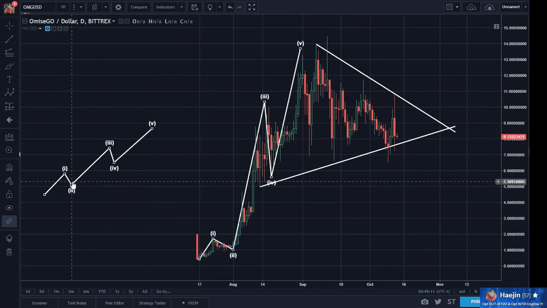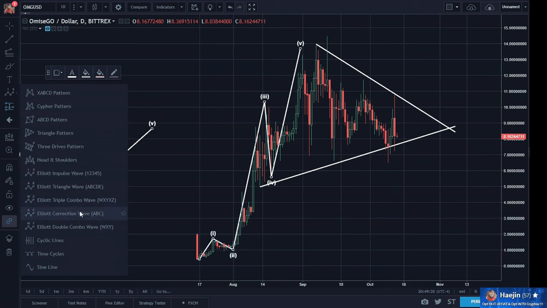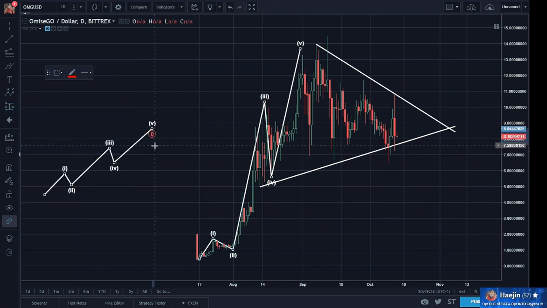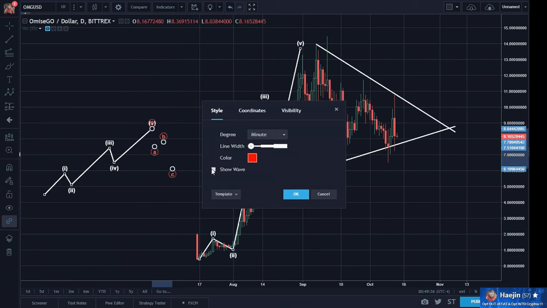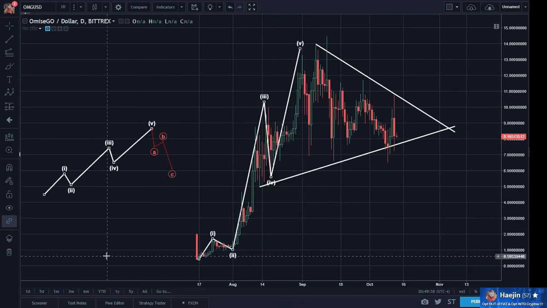So wave 1, 2, 3, 4, 5. Waves 1, 3, and 5 are actionary waves. Waves 2 and 4 are retracement waves. Every 5 waves must have a 3-wave retracement in the form of ABC. Okay?